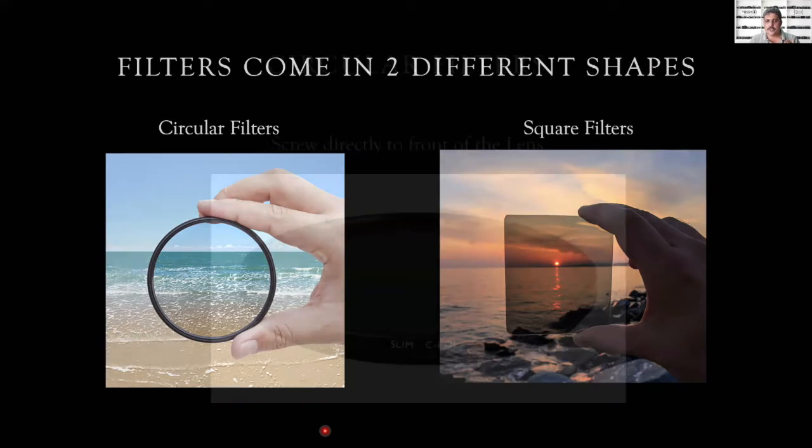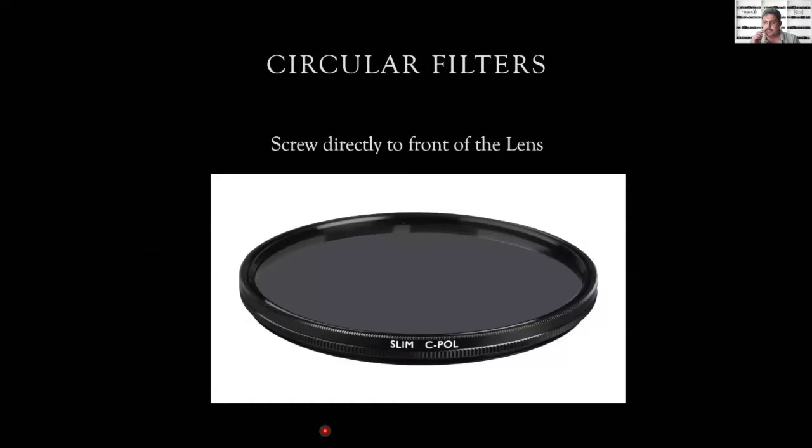A circular filter gets screwed directly into the front of the lens. The front of the lens has a screw diameter that depends on the lens's front element, and it can vary from 35 mm to about 80 or 85, and some are even 90 mm. So does that mean I have to buy a filter equivalent to my lens?